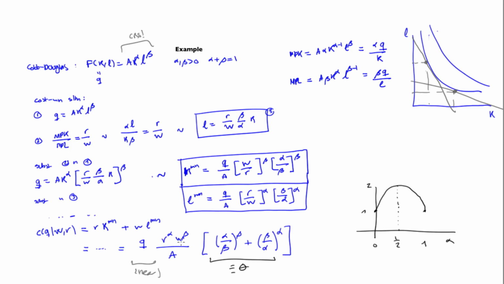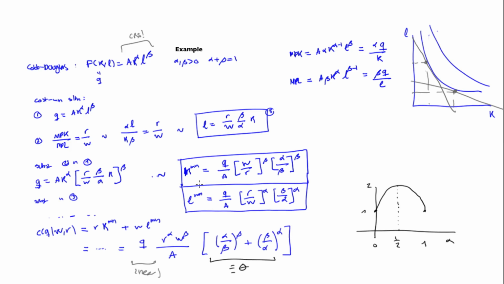The final thing that I want you to see, the final remark, is what happens if you scale R and W by the same factor. Let's say you double them. Well, if you double both of them, the relative input price has not changed, so you cannot substitute away. So intuitively, you should literally double the cost of production.